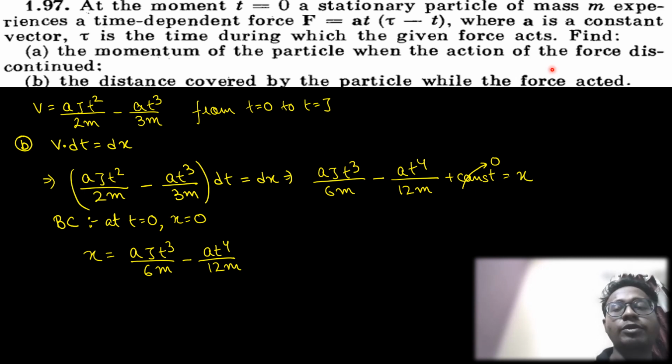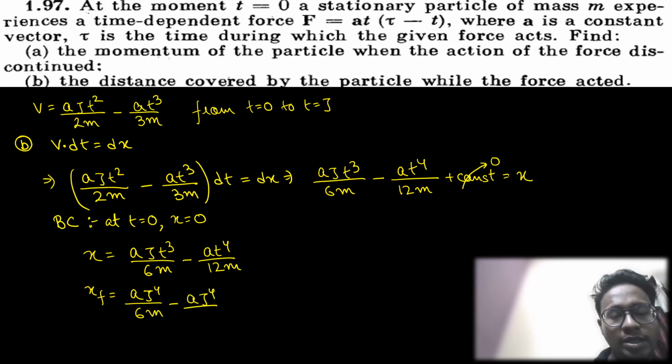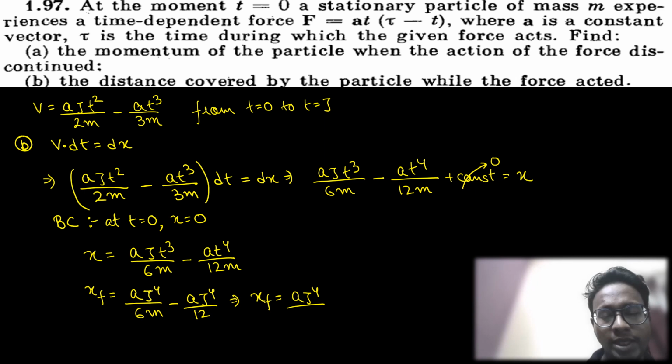And we need to find out the displacement at time t equal to tau. So displacement, or x final, is equal to a tau to the power 4 by 6m minus a tau to the power 4 by 12m, or x final is equal to a tau to the power 4 by m times 1 by 6 minus 1 by 12.